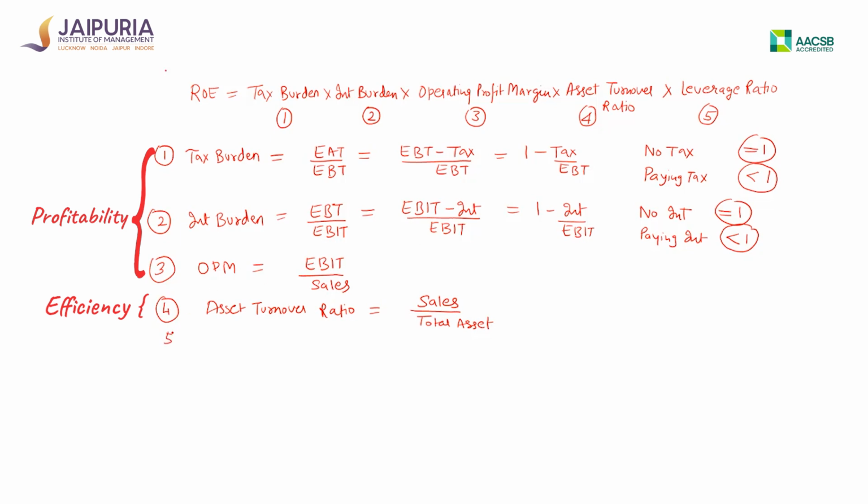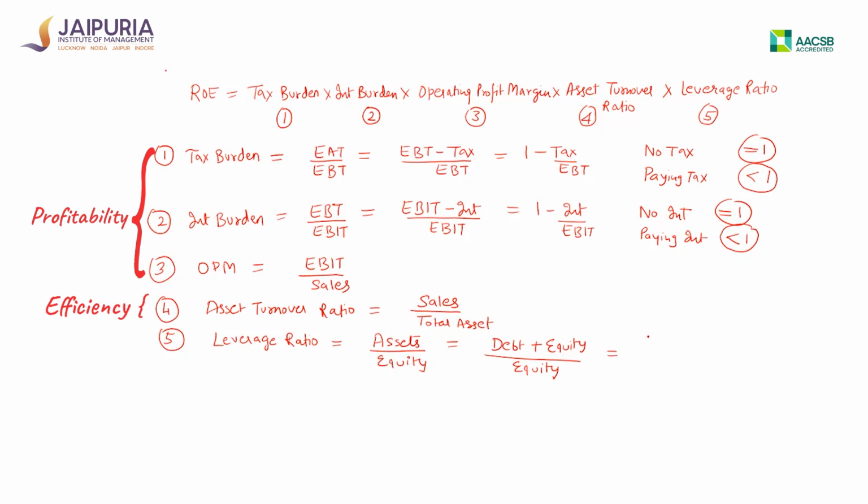Then the fifth component is the leverage ratio. It tells us how much of the assets are financed by shareholders versus the debt involved in the business. The formula is assets divided by equity. If I decompose this, assets are equal to debt plus equity, that is, total assets equal total liabilities in the balance sheet, divided by equity.